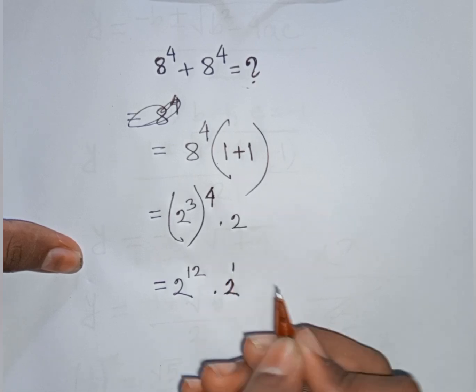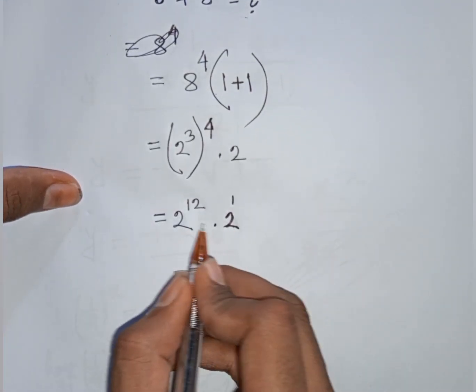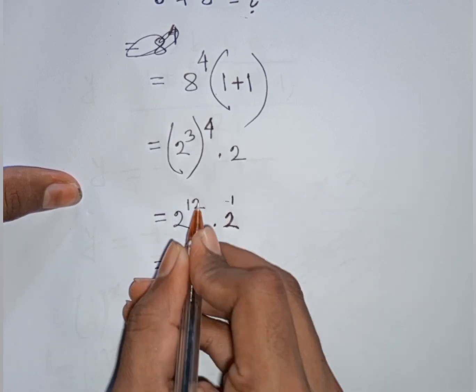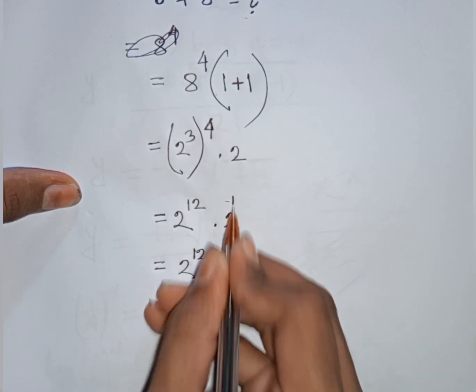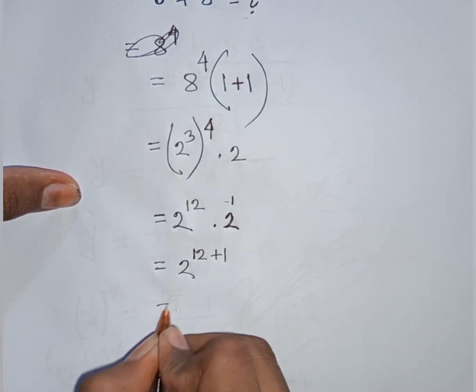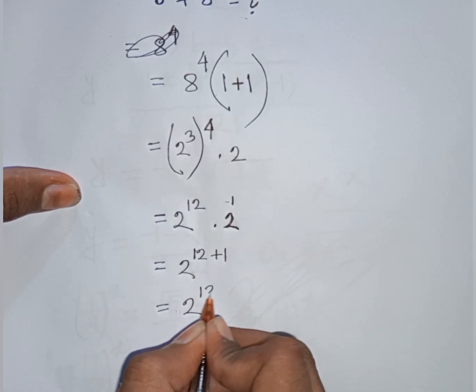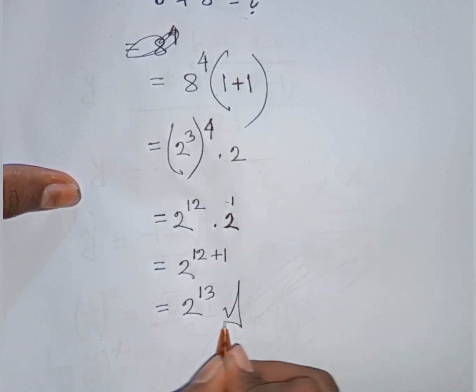This 2 is the same as 2 power 1. Now we see the same base 2 but different powers, so it will be 2 power of 12 plus 1, that means 13. So 2 power of 13, this is our final answer.